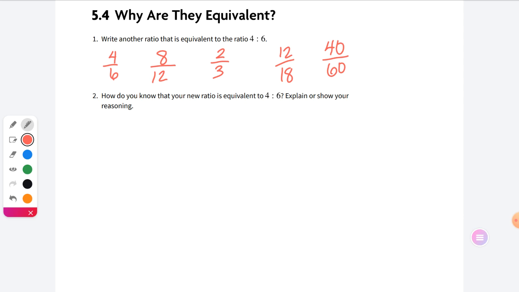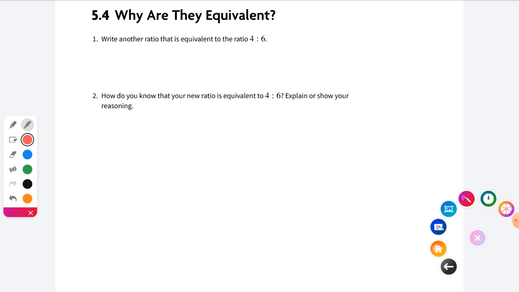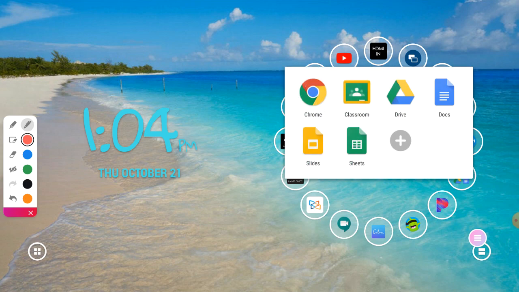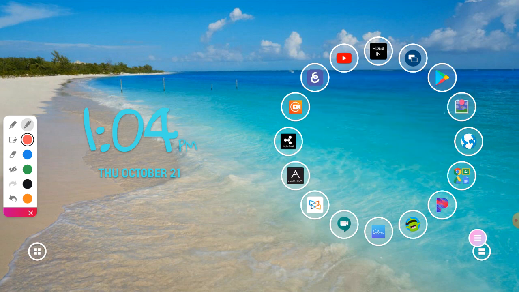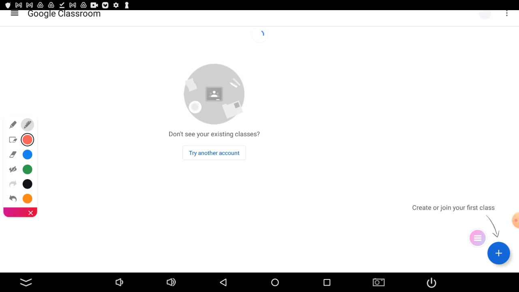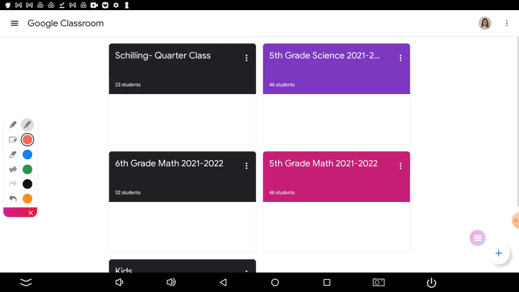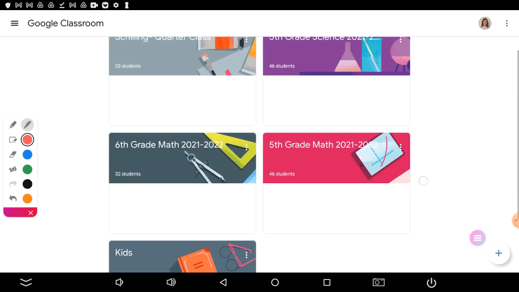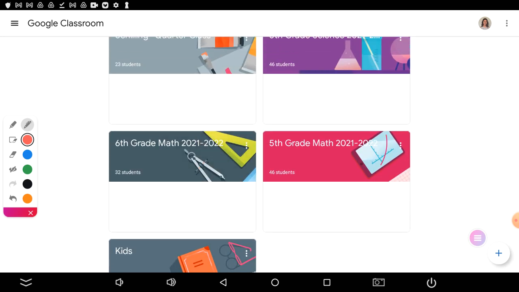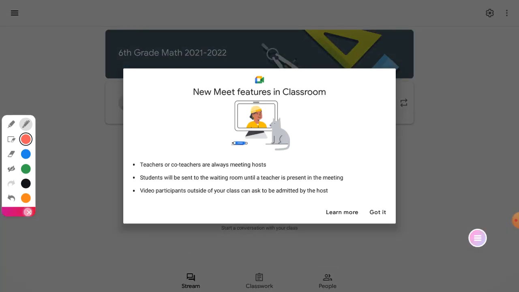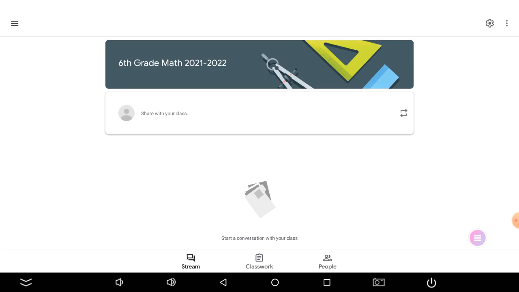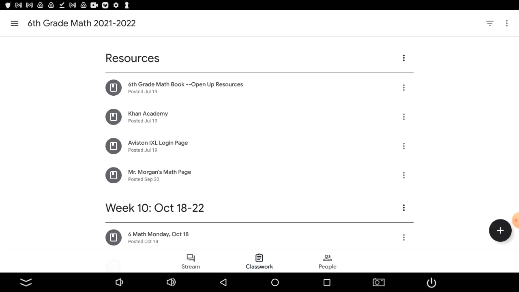If you feel like you need more practice, and I've said this before, but it's been a while, on Google Classroom, 6th grade math, under classwork, on your resources, IXL does have ratios.